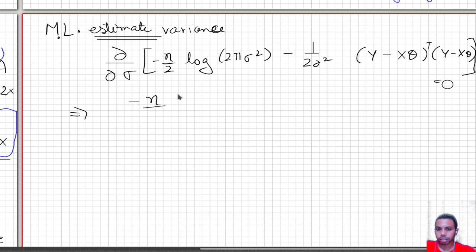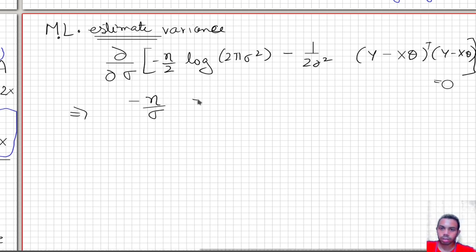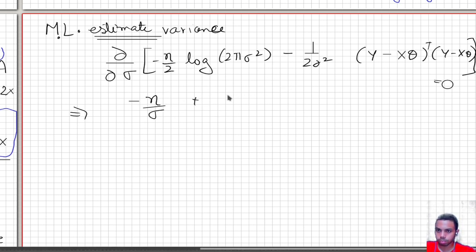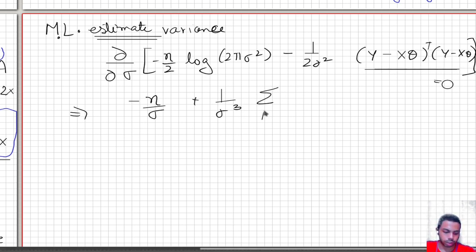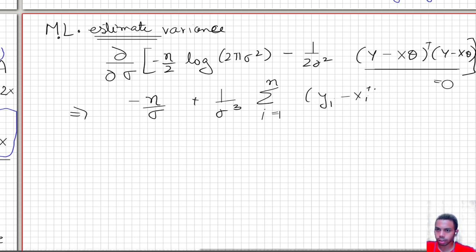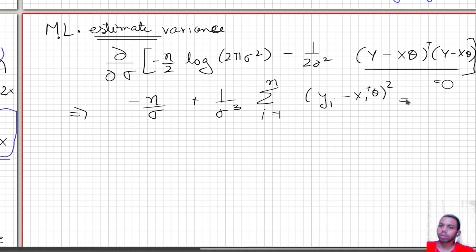This would be minus n by sigma, and this part will be 1 by sigma cube, and this matrix form, I'm just going to take as the summation form again. Summation i is equal to 1 to n, yi minus xi transpose theta, whole square.